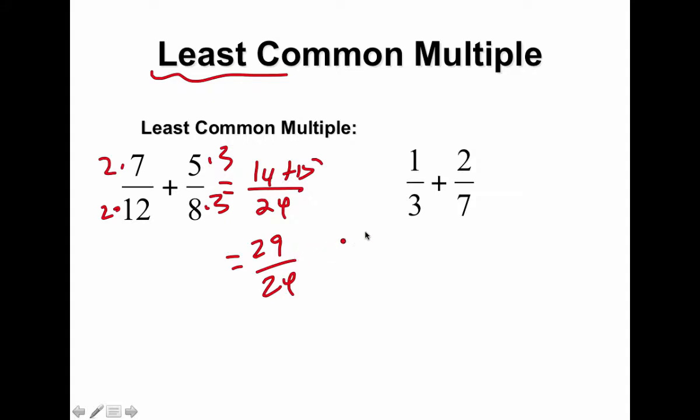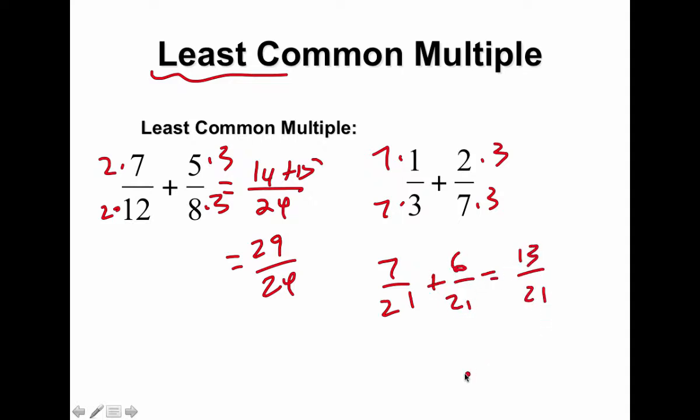Over here, 3 and 7, there's nothing more we can do. Times 7 and times 7, times 3 and times 3. I get 7 over 21 plus 6 over 21, which is 13 over 21. How do you determine what your least common multiple is? You take your 12 and turn it into its prime factorization: 2 times 2 times 3, and 8 is 2 to the third.